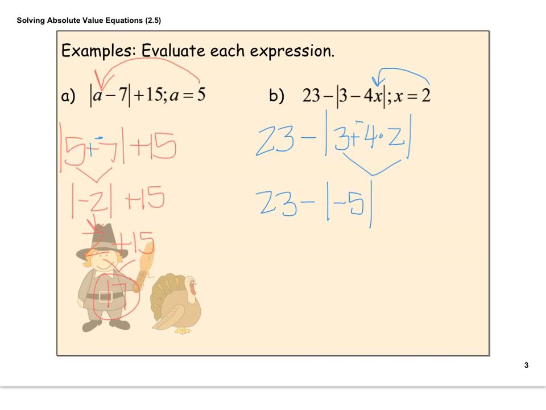Now, some of you guys are going to want to try to do keep, change here. Do not do that yet. That's why I didn't do it here first. Because we can't do that until we've taken the absolute value. So now we're actually going to say, what is the absolute value of -5? And you guys are going to tell me the absolute value of -5 is 5.